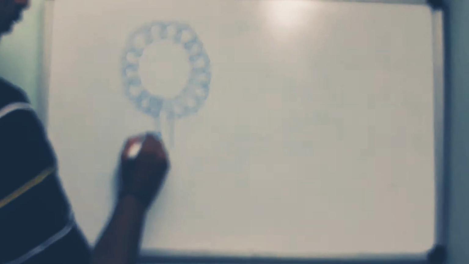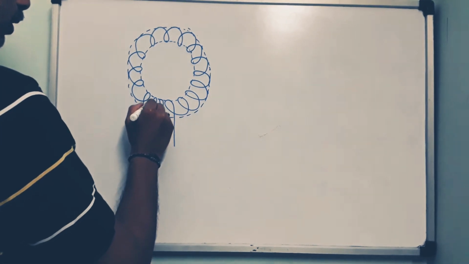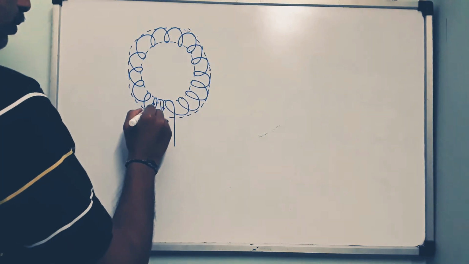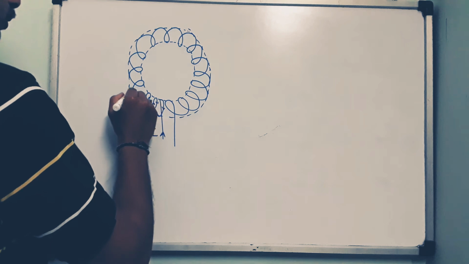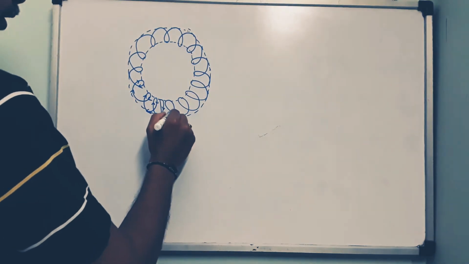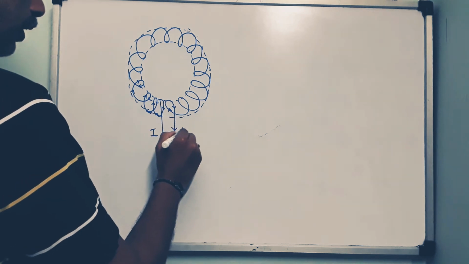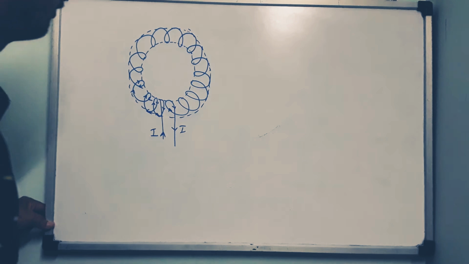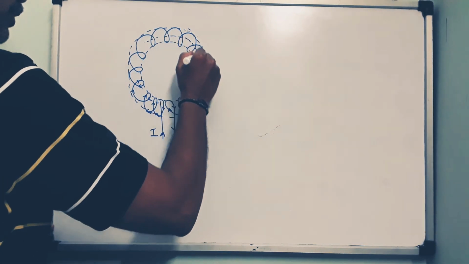So a current I will go here. So it will be threading through the circular coils like this. So finally it will go like this and it will come out as current I. Okay. Now this dotted line is nothing but the axis of the toroid.